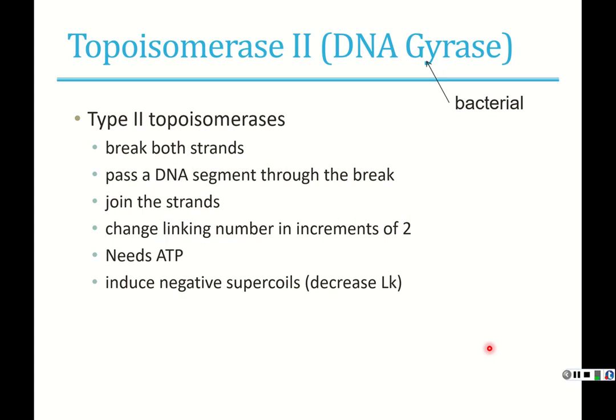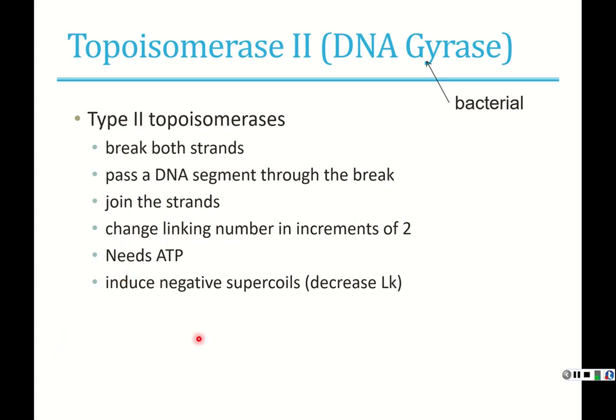If we look at topoisomerase 2, bacterial, we also refer to this as DNA gyrase. Okay. These break both strands, pass the DNA segment through the break, and then you join the strands. By doing this, you're changing the linking number as before, but you're changing it in increments of 2. All right, and you need ATP for this.